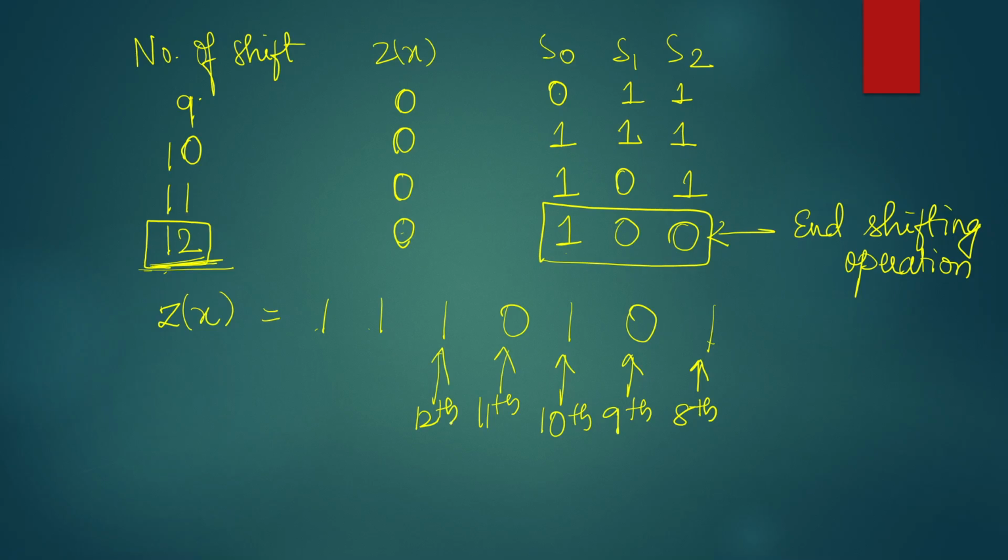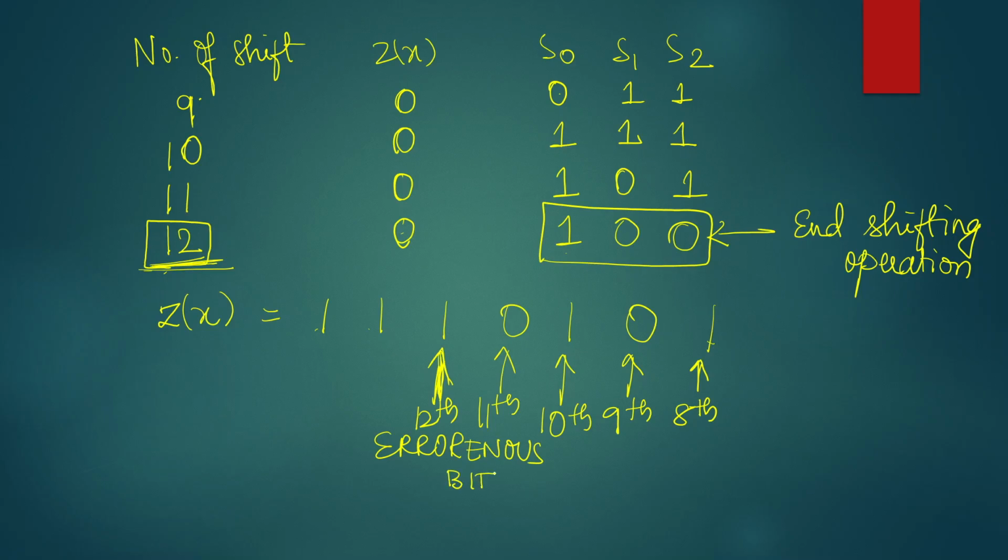So after the 12th rotation or 12th cycle, you will see the pointer is at the 5th bit from the right side. So this is the error bit, or what we call the bit which is in error, or erroneous bit.